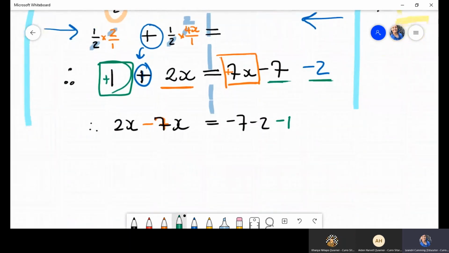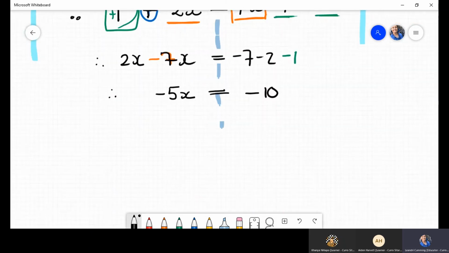And now let me finish up my equation. So 2x minus 7x becomes minus 5x. Watch out for those signs, please. Minus 7, minus 2 is minus 9, minus 1 is minus 10. Right, this looks like a good one. So I want to undo the product of minus 5.